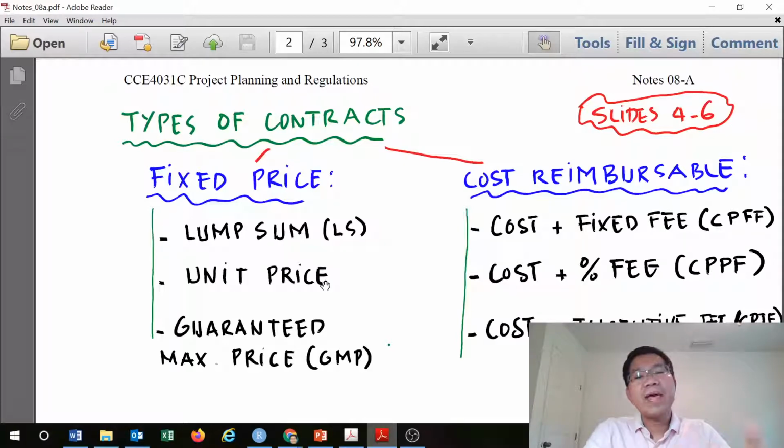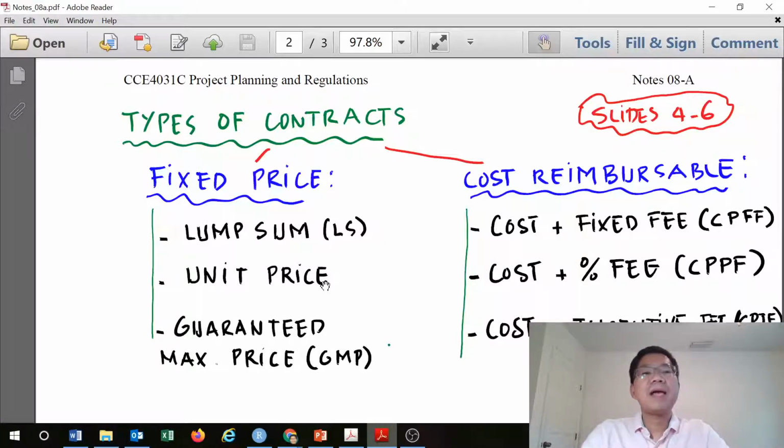It's difficult to quantify the amount of work at the time of contract, so we only fix the unit price. For example, how many dollars per cubic yard will be charged. Then we measure the actual work, apply the fixed unit price, and pay.